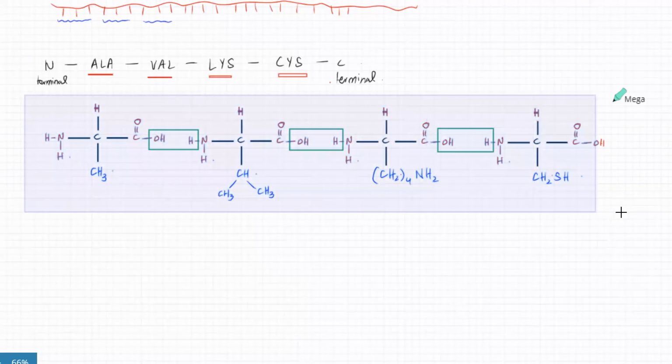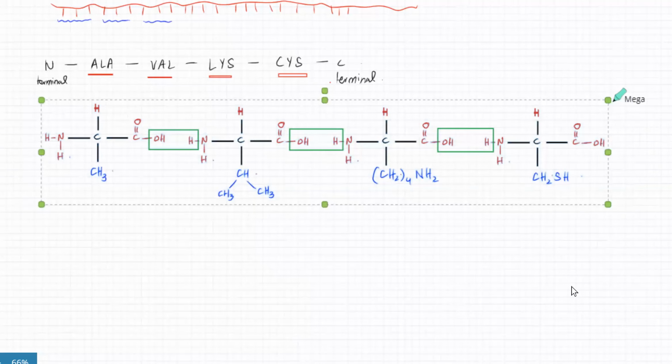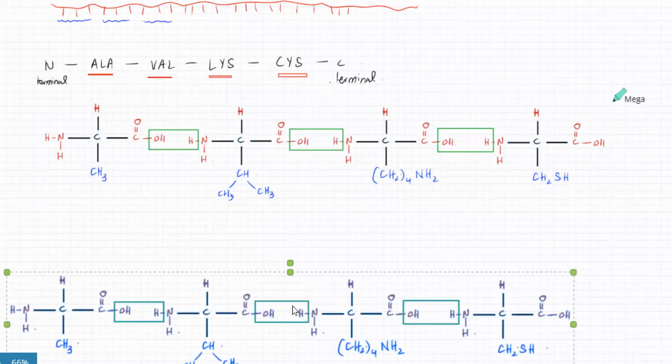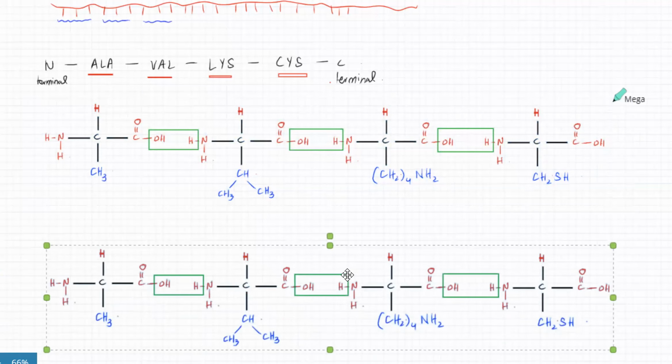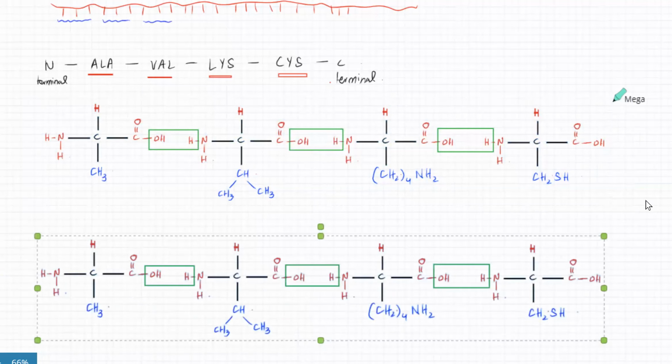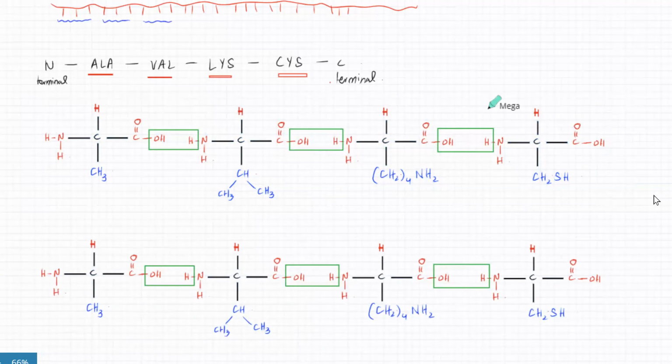Copy everything. Remove the H and the OH. So let's say I've copied everything. I'm just going to start removing the H and the OH from the middle. They're gone.